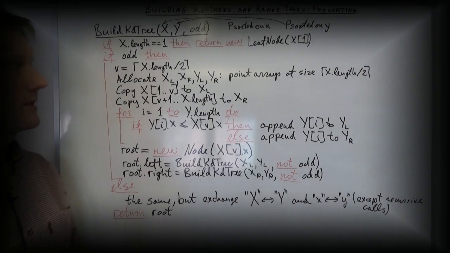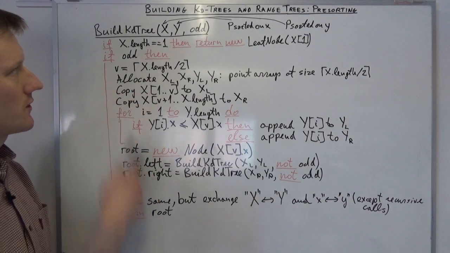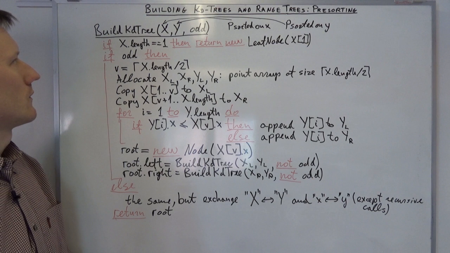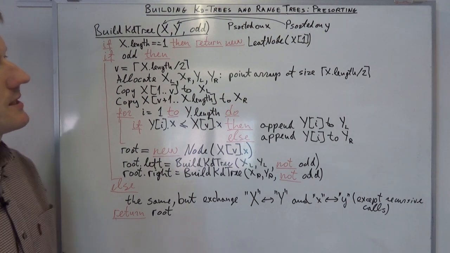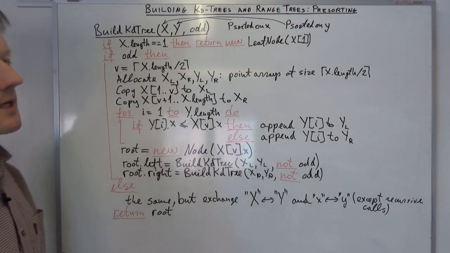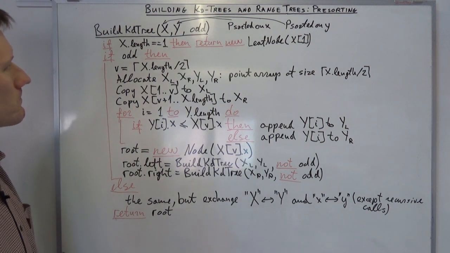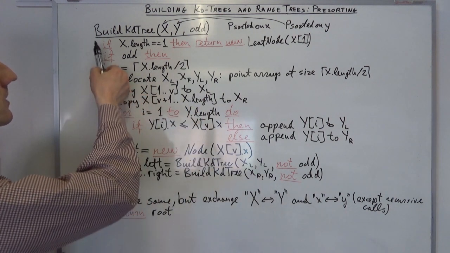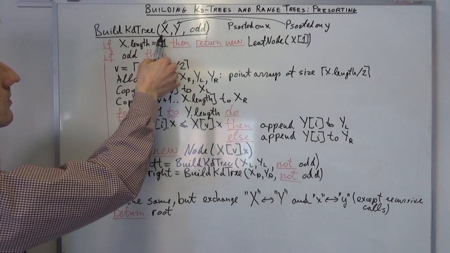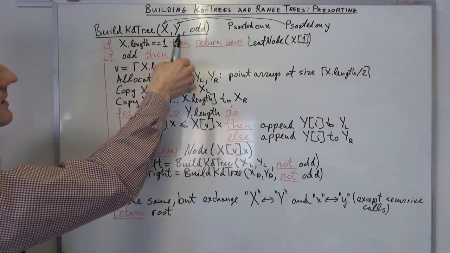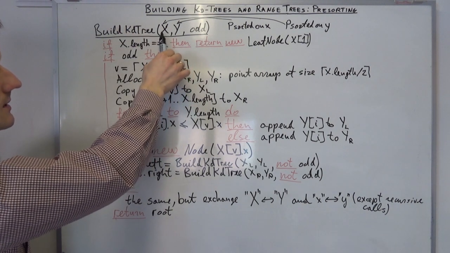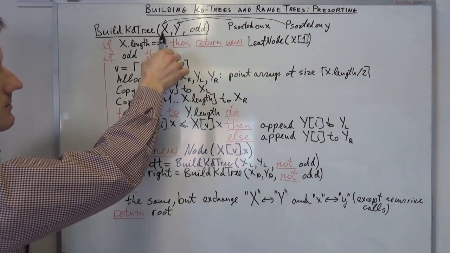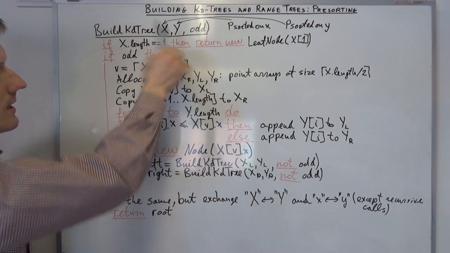So here is a more efficient version of the build KD tree procedure that uses the idea of presorting. What the procedure gets as parameters are two arrays. One is what I call the capital X array, and another is a capital Y array.